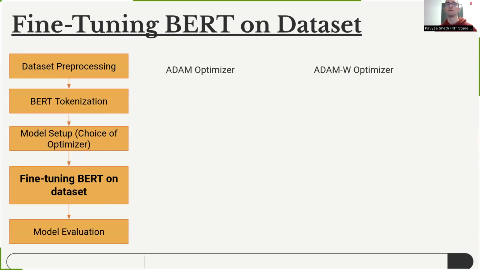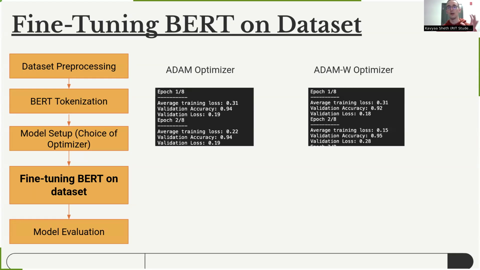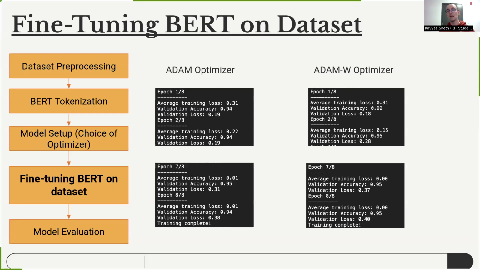So here it is for the fine-tuning BERT model. We decided to compare the Adam optimizer with the AdamW optimizer, as described before. You want to focus on these few values, especially for comparison. We want to compare the validation accuracy between the two models, and we decided to compare it between the first two epochs and between the last two epochs.